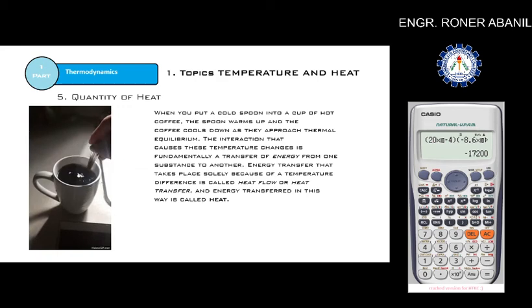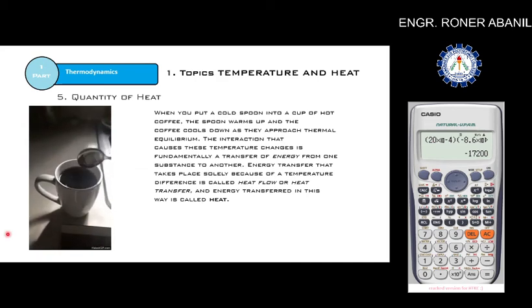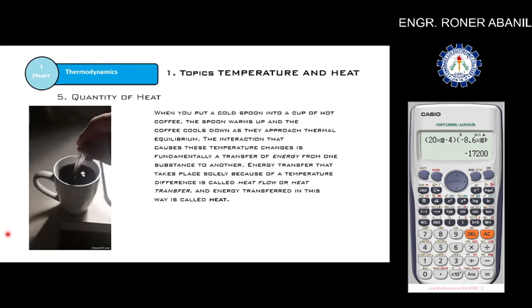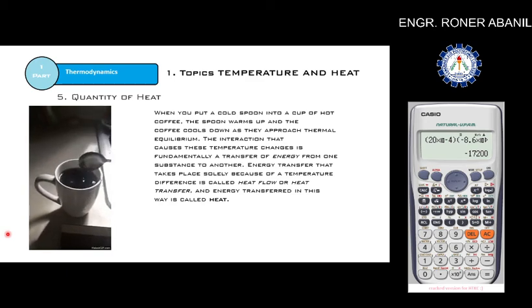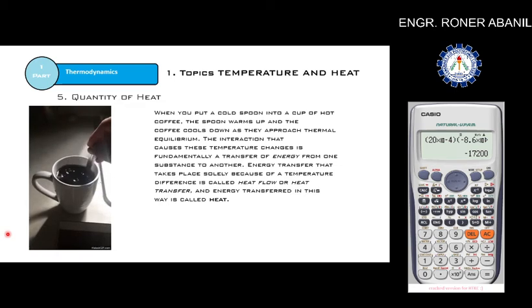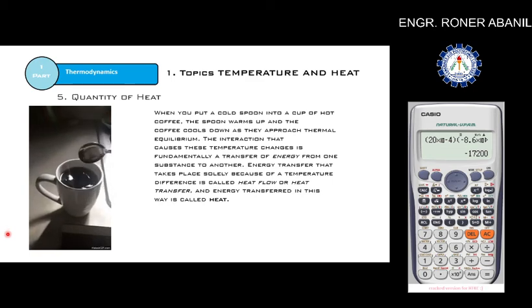So, pasok tayo dito sa tinatawag na quantity of heat. Okay? So, kunwari naglagay tayo ng malamig na kutsara doon sa mainit na kape. So, sa mga may hilig magkape diyan, ito para sa inyo, 'no. So, kunwari yung kutsara na 'yun is nilagay ko sa ref ng ilang oras.